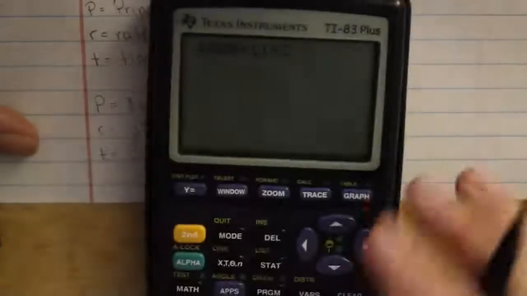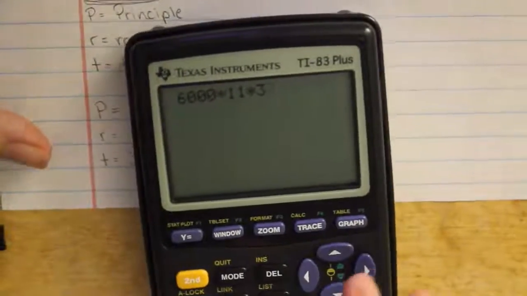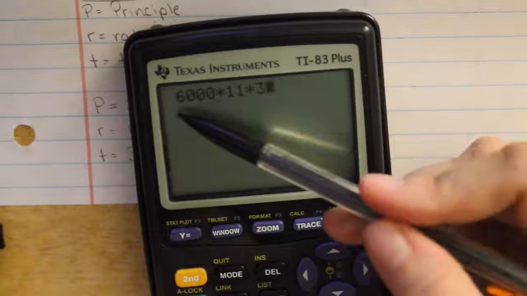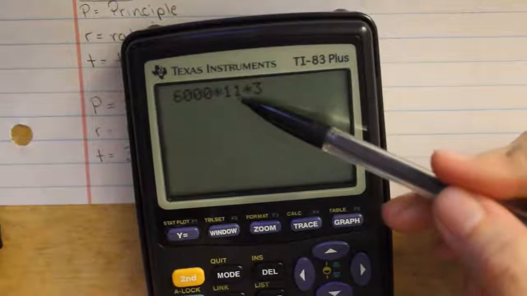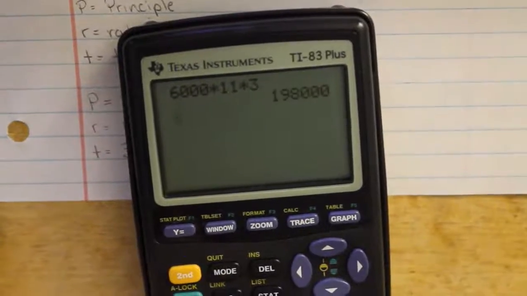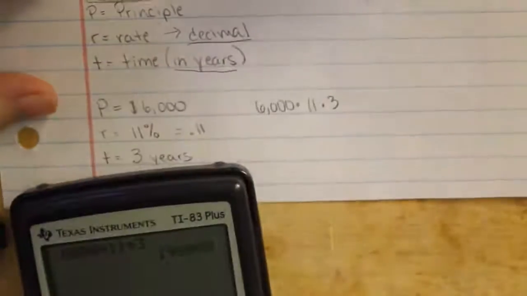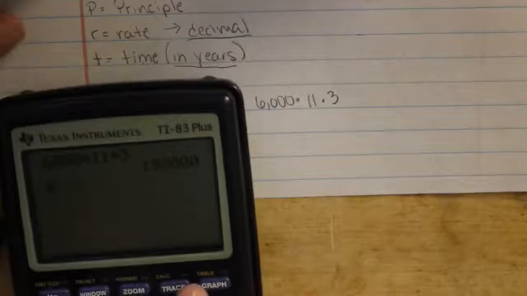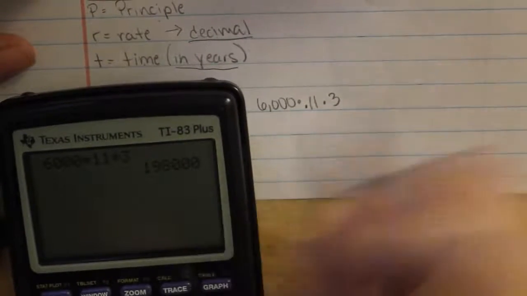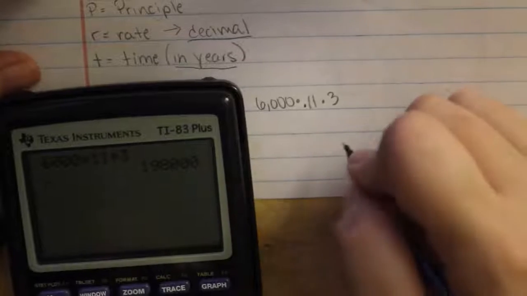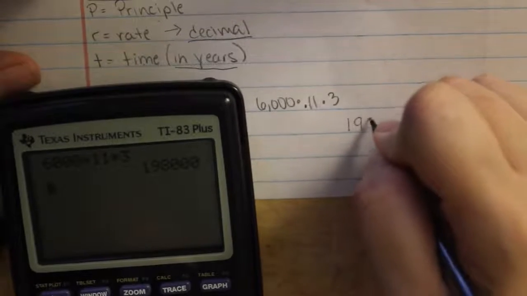Okay, and you can see I just put all those down there because in all honesty, we can do this in our heads. I could do 6 times 3 is 18, 18 times 11, then tack on the 3 zeros, or I can just do that, and I end up that my interest is, oh wait, it's 0.11, so I have to take 2 decimals. I forgot to put my point in here. And it's actually 1,980.